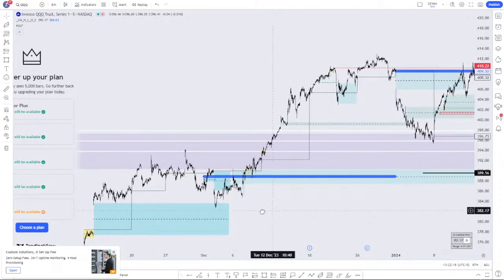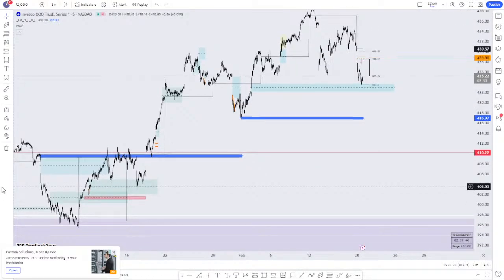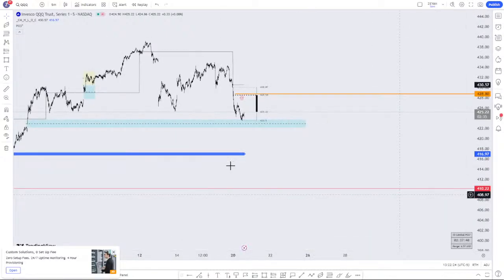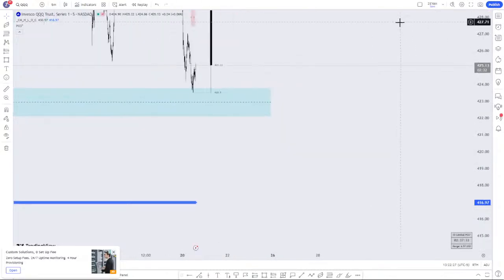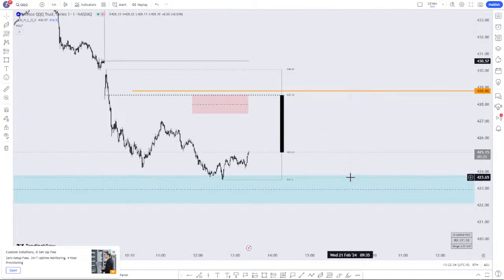Okay, so this is the area of interest. Then I'm going to go to 425.87 to 427.